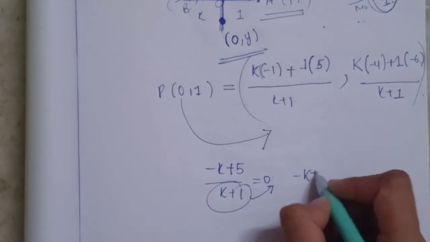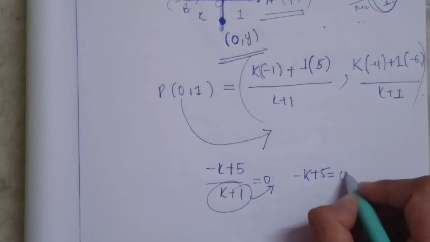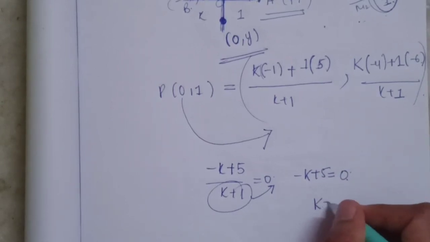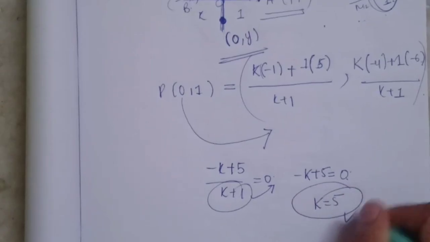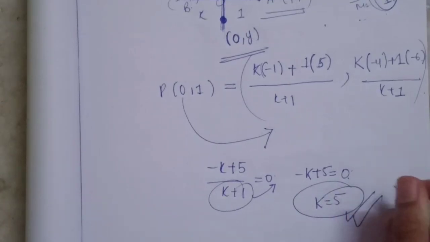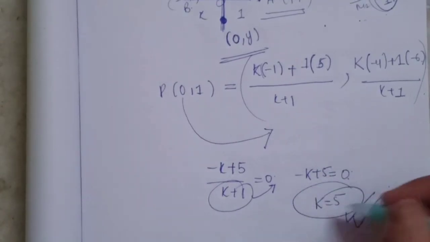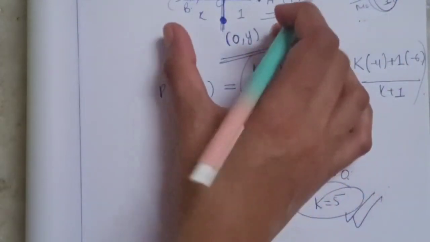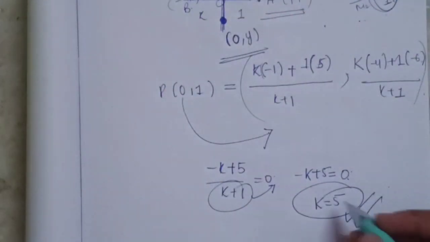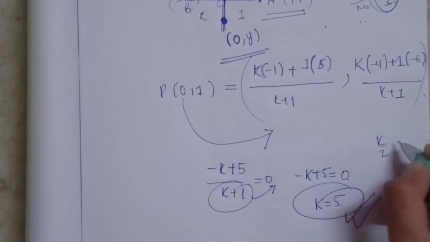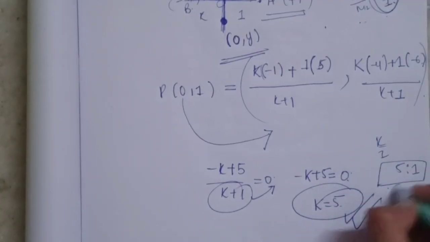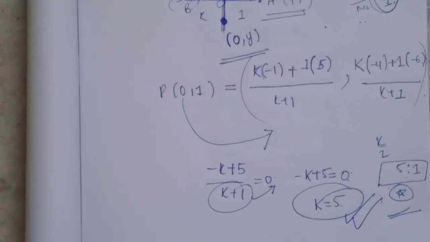So k plus 5 is equal to 0. Then send this k to the other side, it becomes positive, k is equal to 5. It means the y-axis is dividing the line segment formed by these points in the ratio k is to 1, that is 5 is to 1 ratio. The problem is solved.